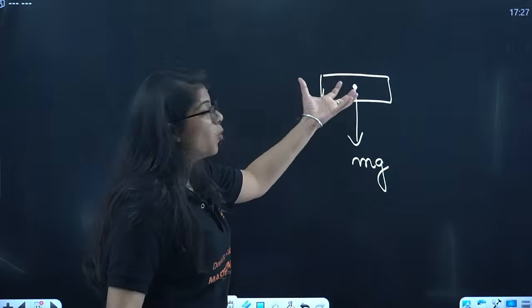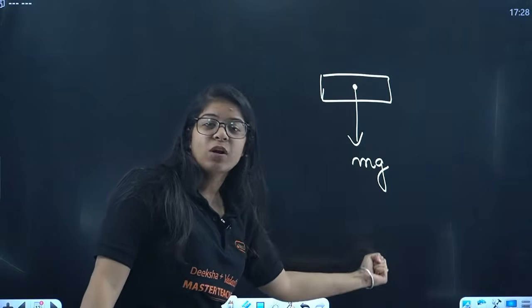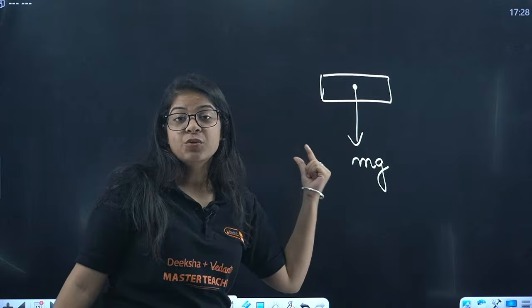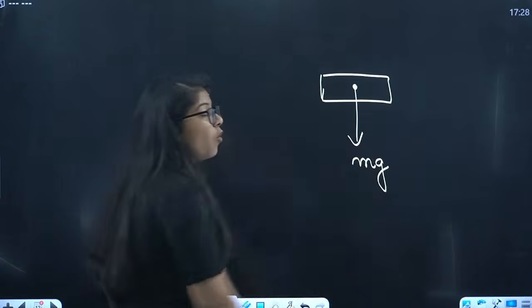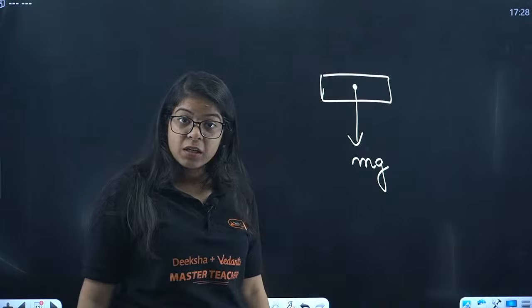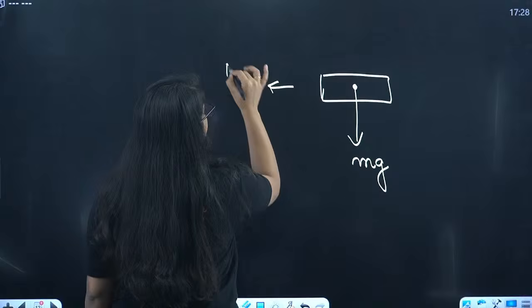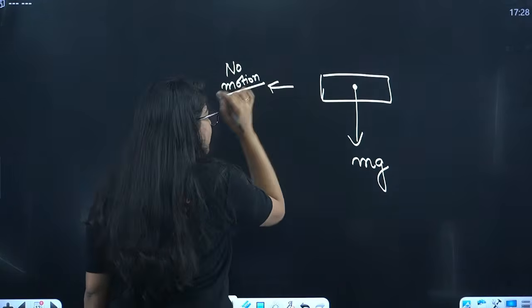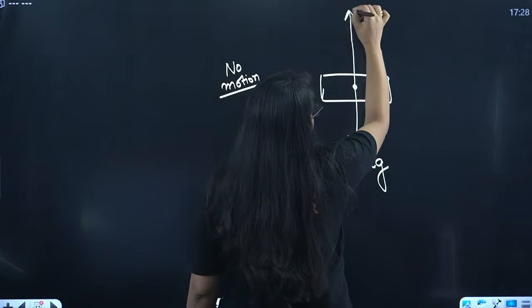So the book placed on the table wants to go down with the force of mass into acceleration due to gravity, that is m into g, the force due to gravity. Done? But they are not moving. There is no motion on this book, right? That is because there is a normal force acting.